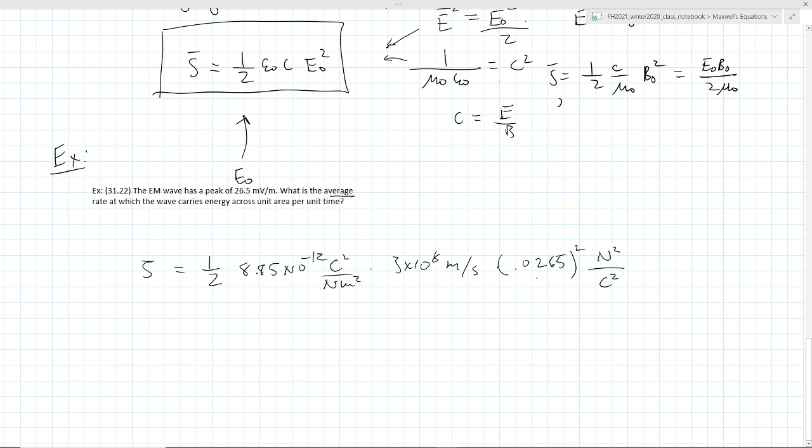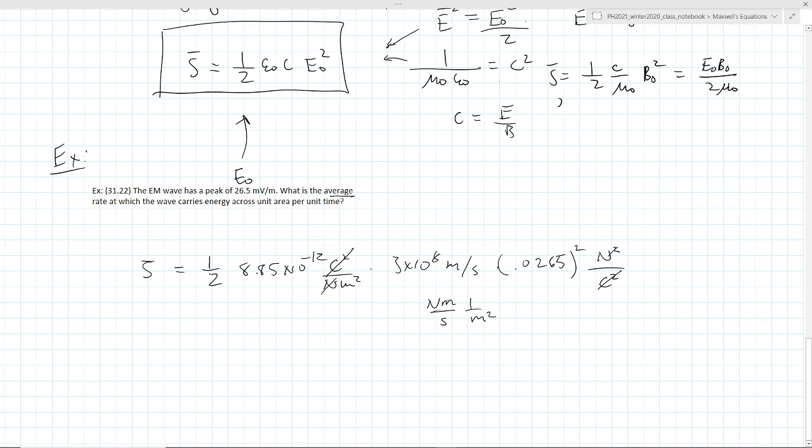So, let's check the units here. Notice some of this is going to cancel. Coulomb squared, we lose a factor of newtons. If we look at what's left over, we're going to have newton meters per second over meters squared.